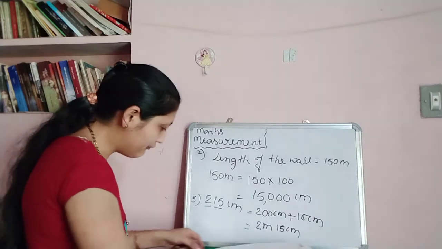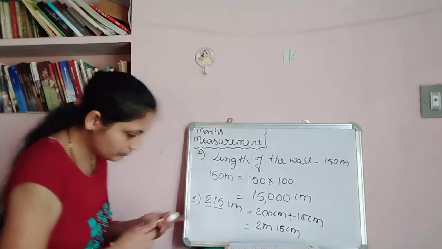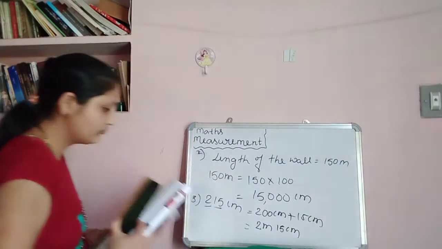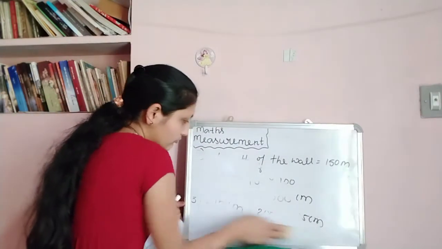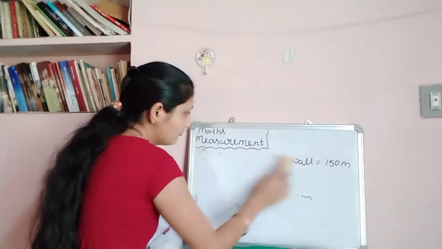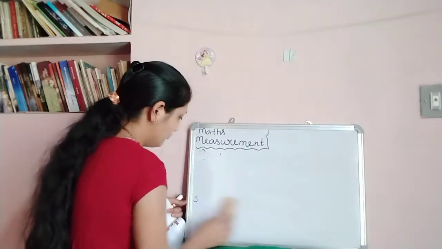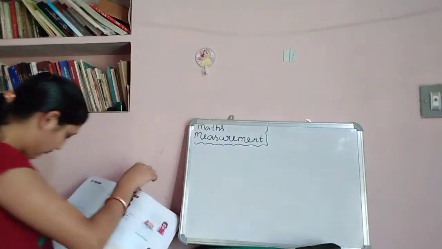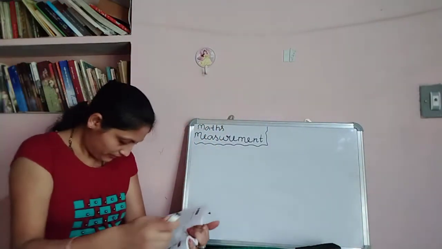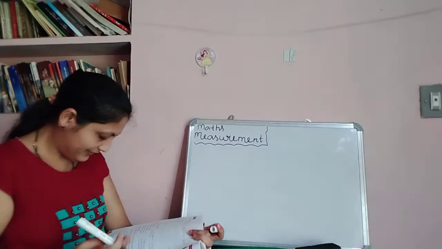In the same way, fourth one, a rope is 6175 centimeter long.